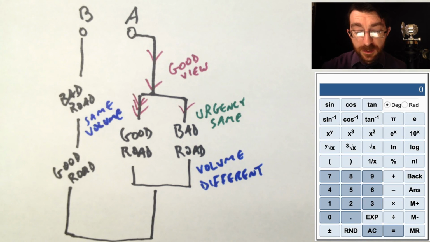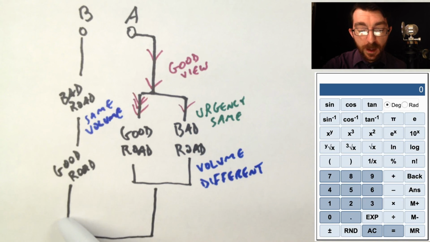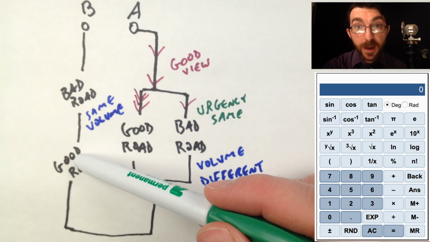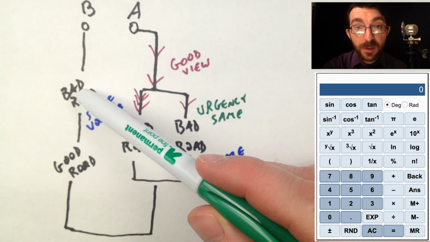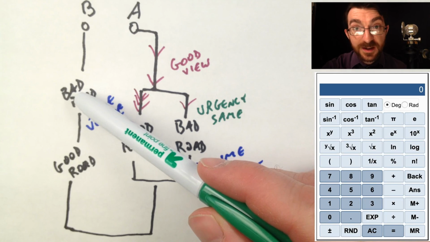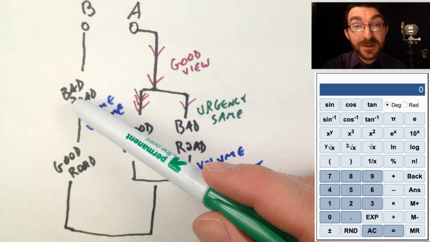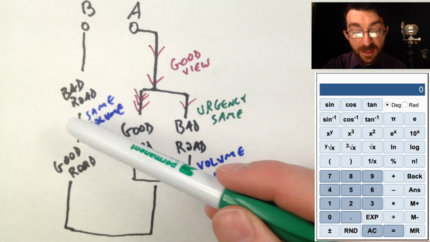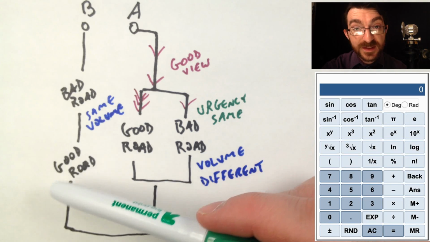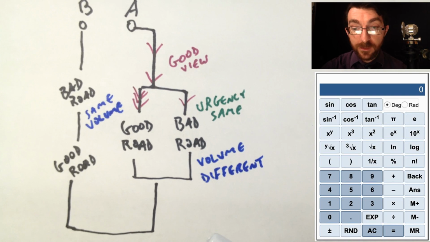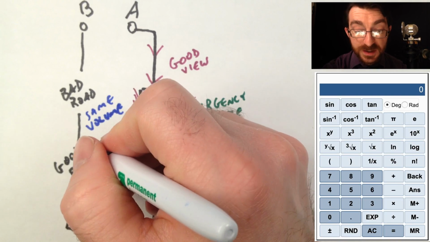Okay, so let's say they're on time, they're on the good road, they're thinking, good, I'm going to make it. All of a sudden, they're all backed up on the bad road, and the urgency skyrockets. You feel different on this road than on that one when you have the same number of cars on it. So while we might have the same volume, we are going to have the urgency be different.